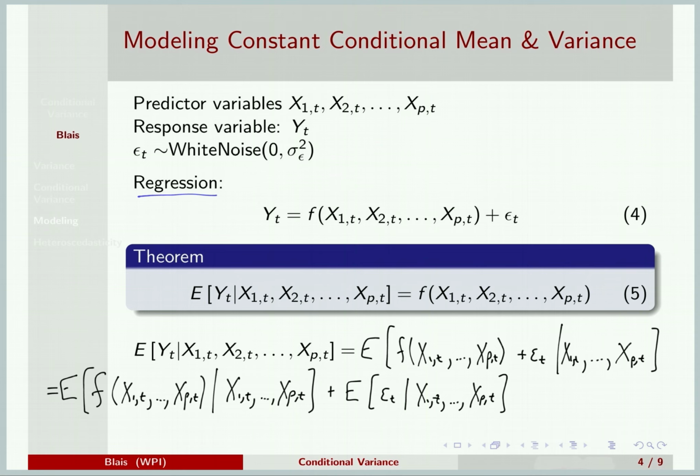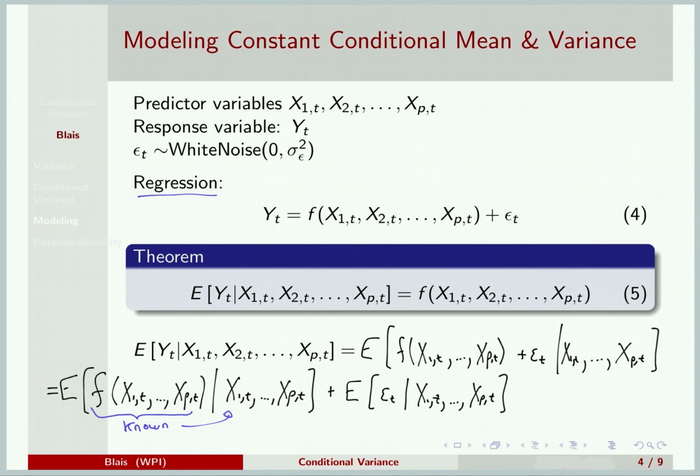Now we use properties of conditional expectation. First, this f is a function of the variables that we know. So this term here is known by our information set on which we are conditioning.